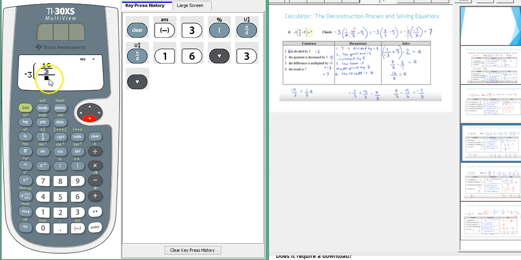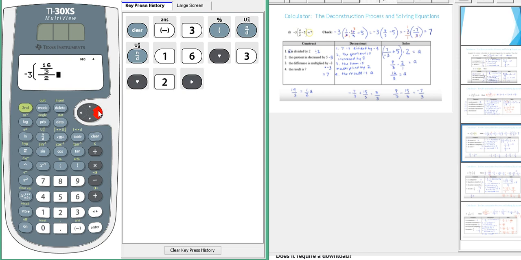Now notice I've moved down to the denominator of the big fraction. I'm calling it the big fraction because notice how this bar is longer. So that's saying this is our numerator and this is our denominator. Our numerator just happens to be a fraction, and the bar is a little bit shorter to indicate that. So that will help you see if you have everything in the right place. The denominator here was 2.